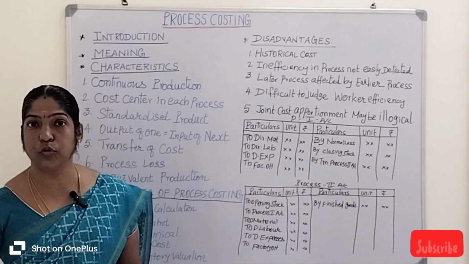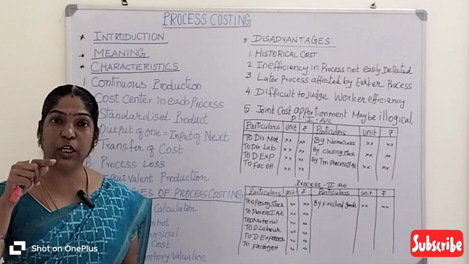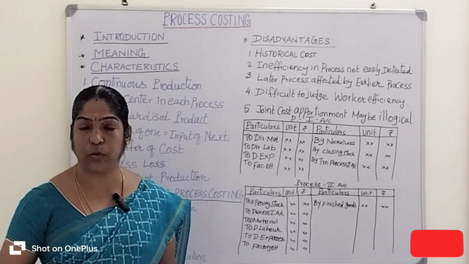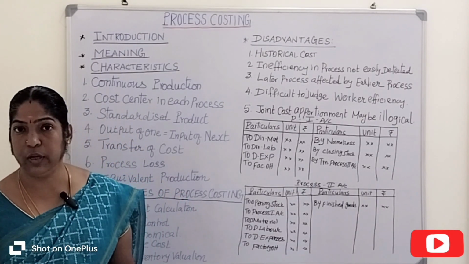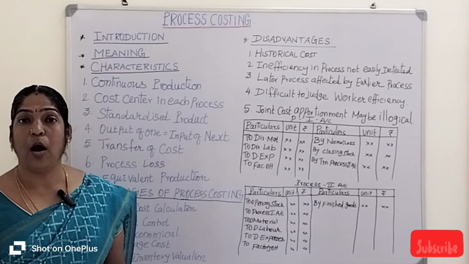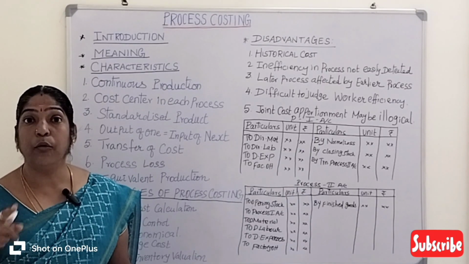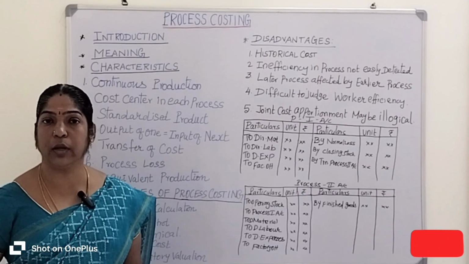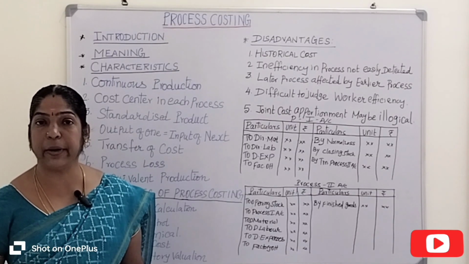950 kgs of soap. How much input did we introduce? 1,000 kgs. How much output did we get? 950 kgs of soap. How much loss did we receive? 50 kgs. That is called process loss. How can it happen?